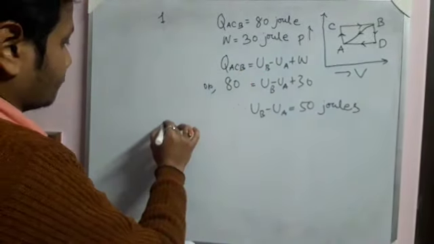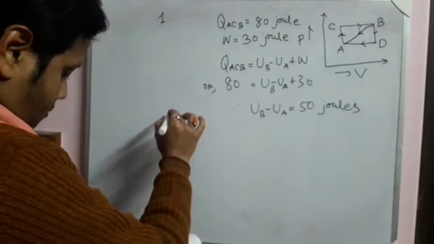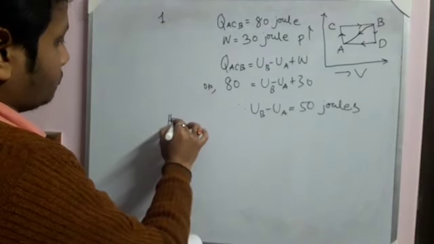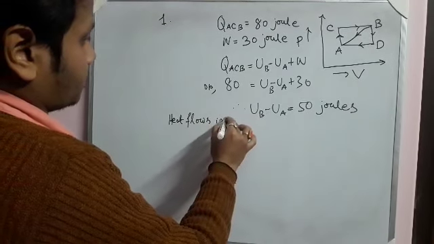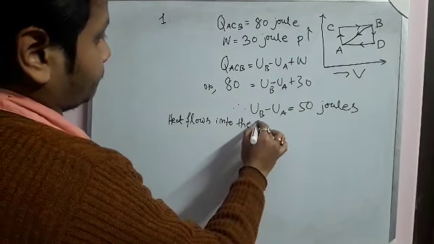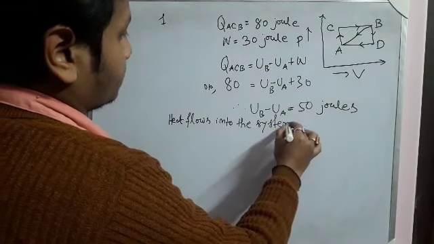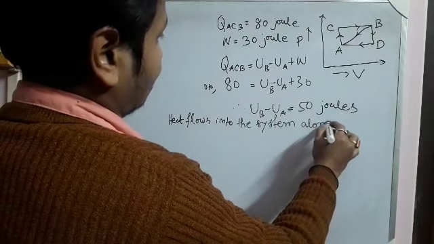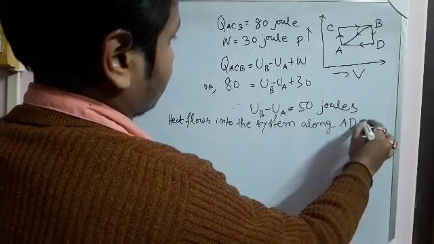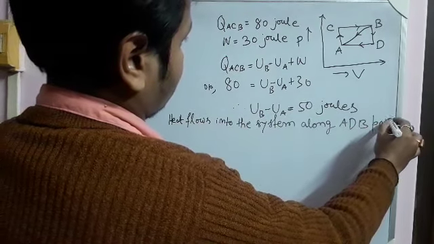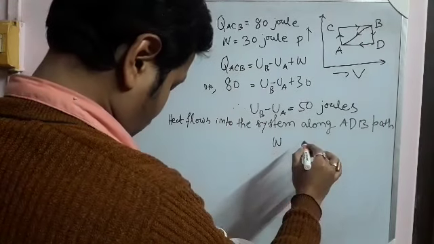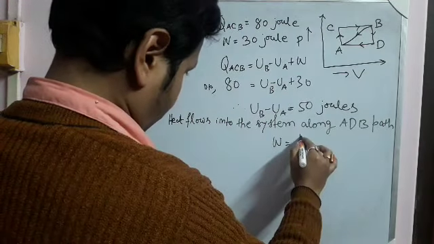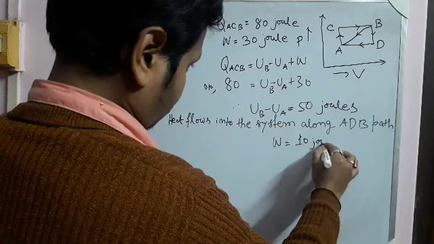We have to find out the heat that flows into the system along the ADB path. What is given here? W is given as 10 joule.